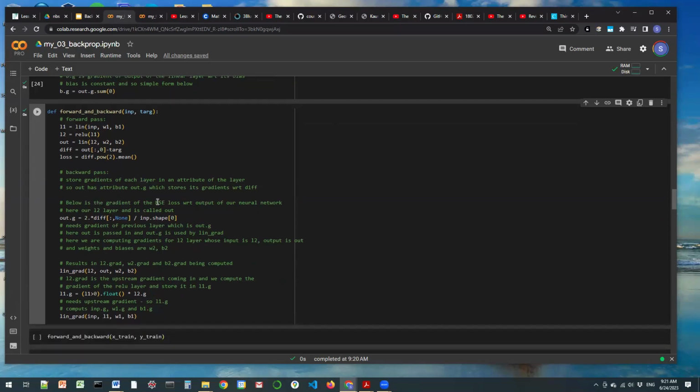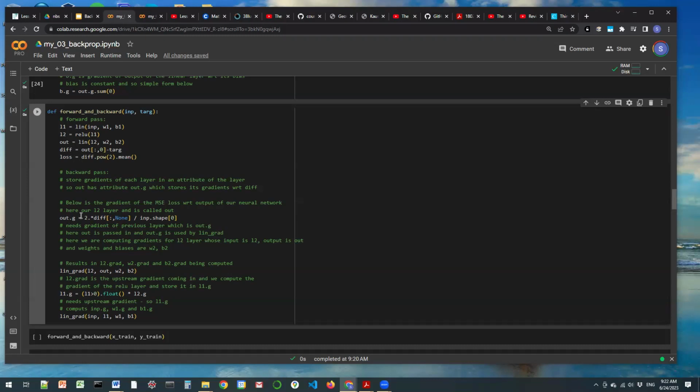Now, below is the gradient of the MSE loss with respect to the output of our neural network, right? And here, the output of our L2 layer is called out. So out.g is 2 times the difference. Now we need to do this in order to get it into appropriate shape, and then divide by input.shape[0]. So this is just in order to get the mean.